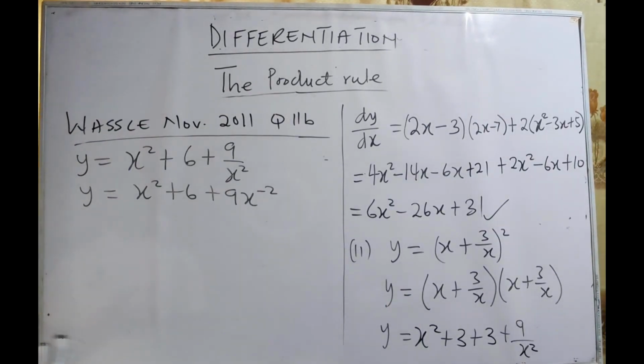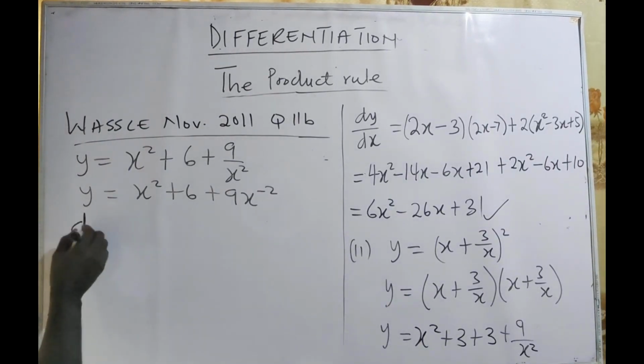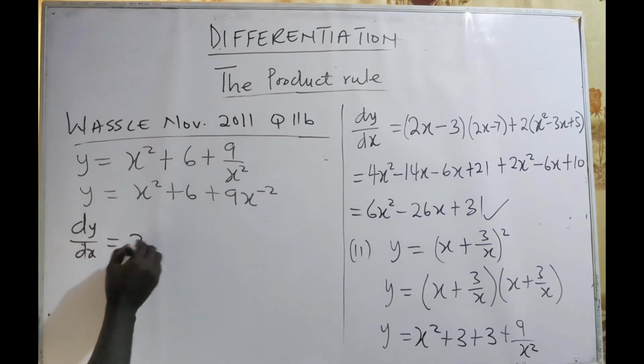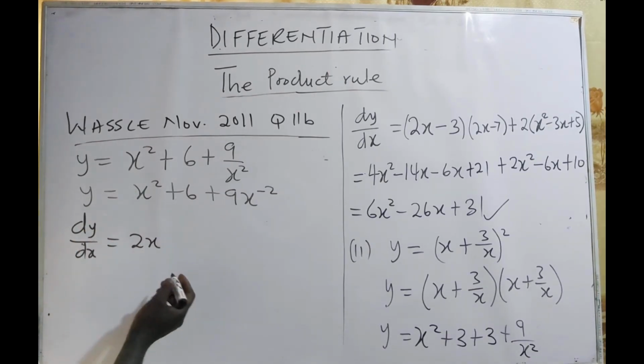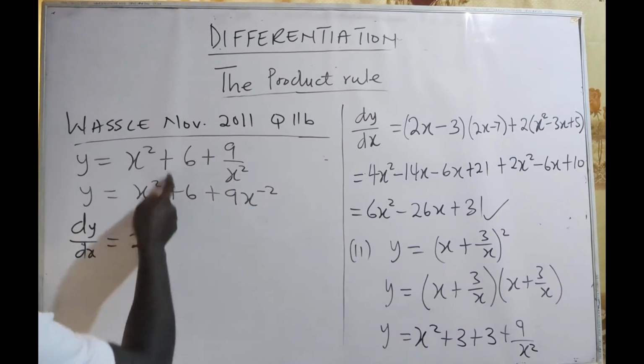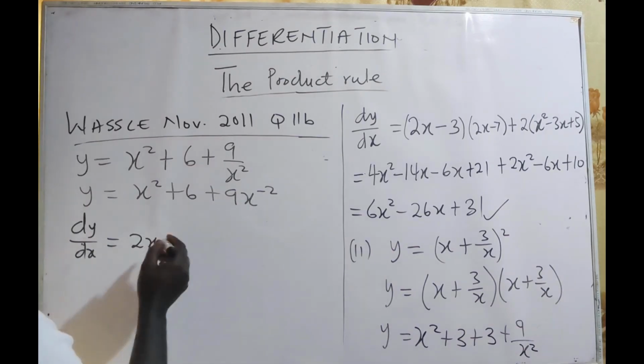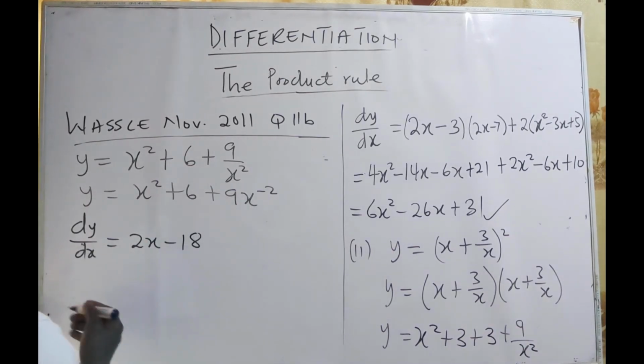So I can now have my dy/dx equal to what? This will give me 2s, the 6 is 0. Then the negative 2 will come here to multiply the 9 to be negative 18.